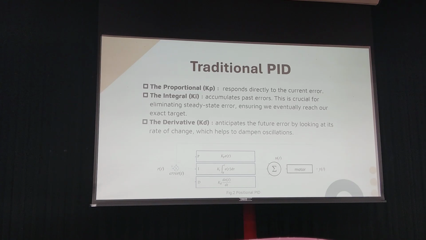This is crucial for eliminating steady-state error, ensuring we eventually reach our exact target. The KD, which is the derivative term, anticipates future error by looking at the rate of change, which helps damp system oscillation.